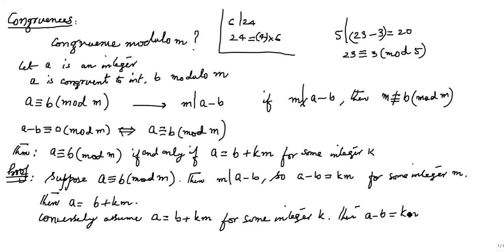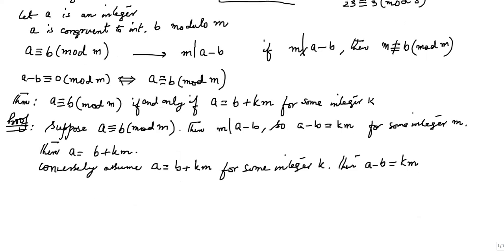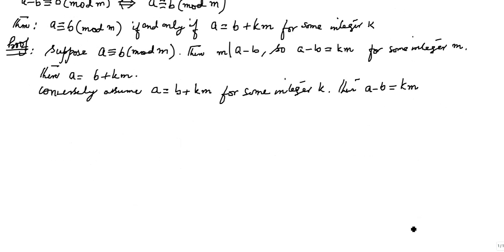So it means M divides A minus B. So we can apply the definition of congruence. So it means A is congruent to B modulo M. That's it.